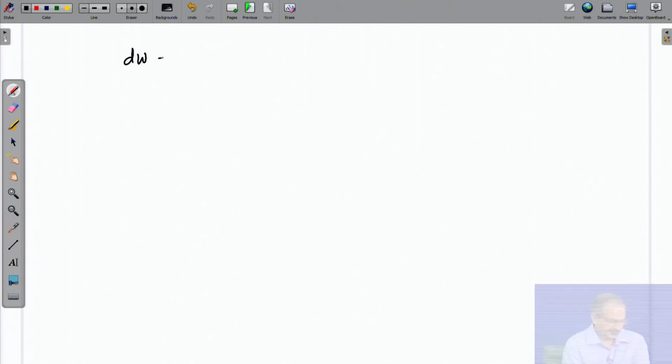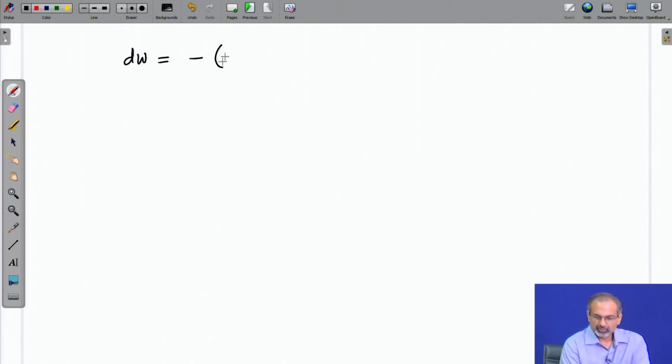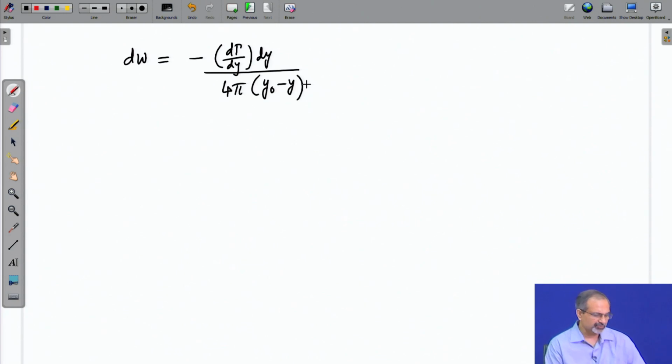We recall dw equal to minus d gamma dy into dy by 4 pi (y naught minus y). This was the expression we derived for the downwash.